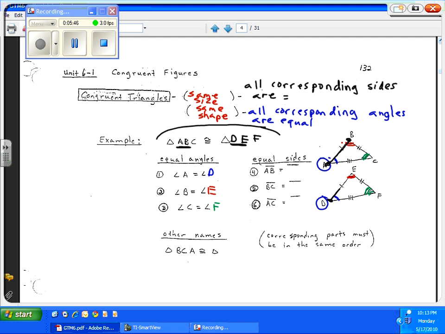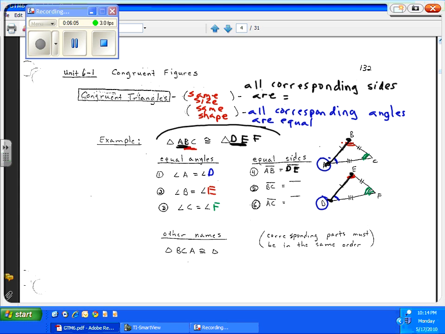You see how that's going to work? The first two letters of this one make a side that would correspond to the first two letters of that one, which makes a side. So side AB corresponds to side DE, both in the picture and in the way they're named.